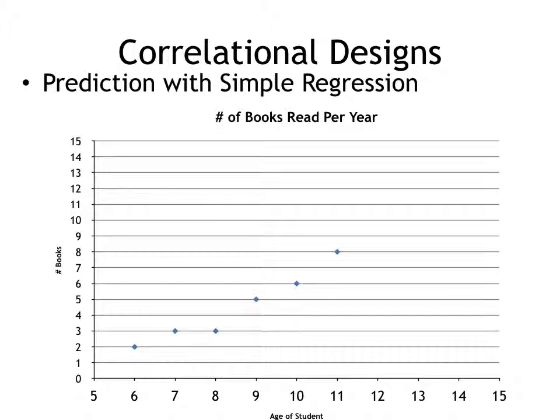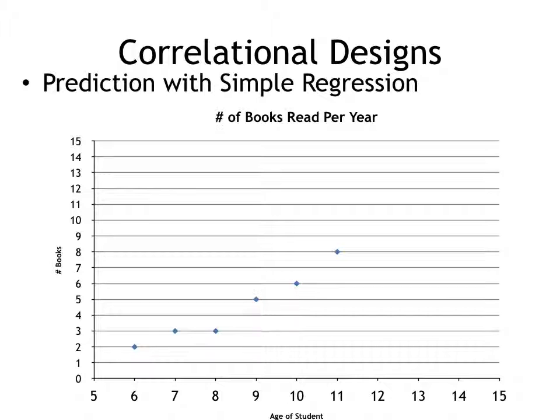Now, correlational designs can make predictions with just simple regression. So here I've got a scatterplot. You'll remember these from the lecture about descriptive statistics. And what I'm looking at is the number of books that children read each year. So I took 106-year-olds, 107-year-olds, 108-year-olds. I mean, those sample sizes would be ridiculous, obviously.